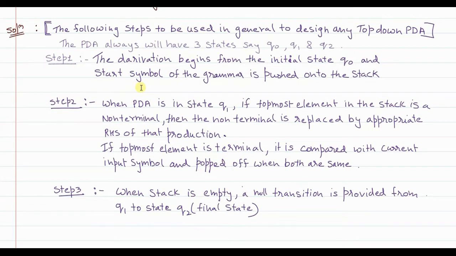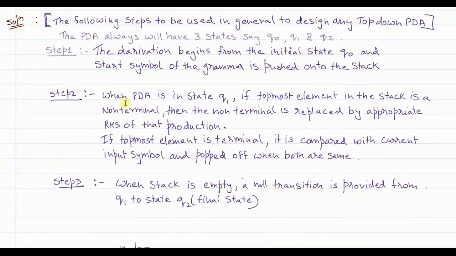The PDA will read the current input symbol only if the topmost element of the stack is a terminal. If the topmost element is a non-terminal, or if the stack is empty, the PDA is not going to read the input string, so the input pointer won't be reading the inputs.